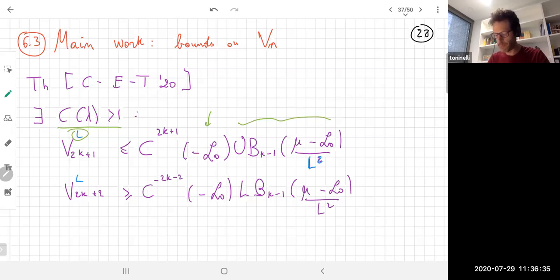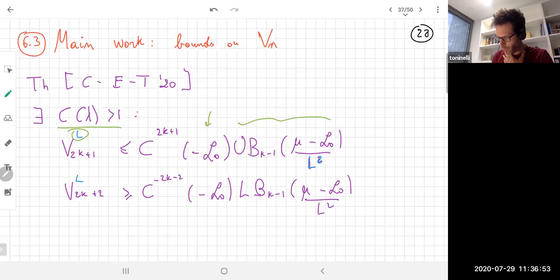So first of all, these bounds have to be interpreted as, both right and left hand side are operators. They are symmetric operators, so the bounds are in the sense of quadratic forms. They are not numbers.